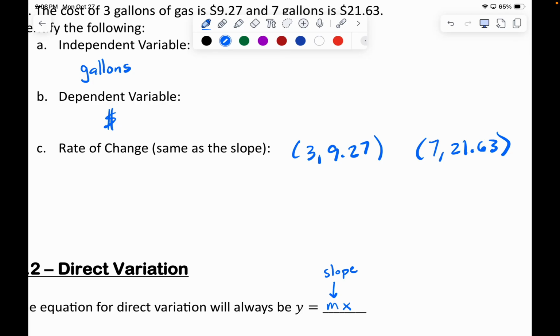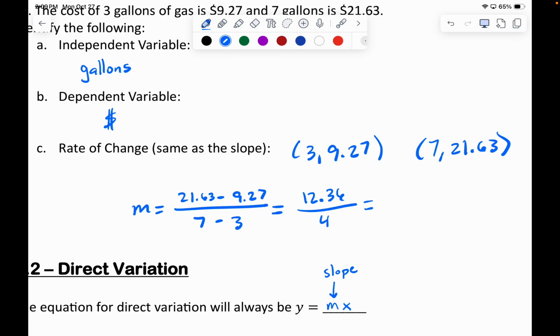Okay, we could do 21.63 minus 9.27 over 7 minus 3. It's like we're finding the slope. It's the same thing as the rate of change. So what's 21.63 minus 9.27? 12 point something. 36. And then 7 minus 3 is 4.